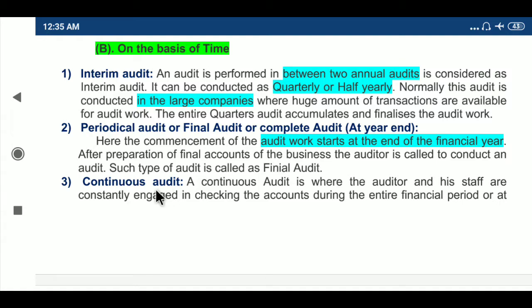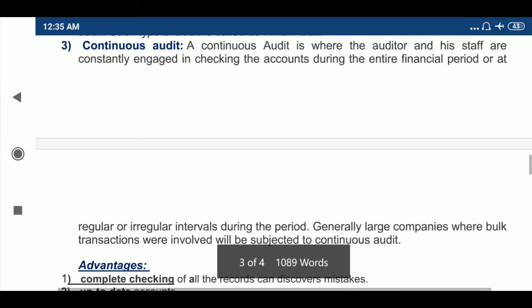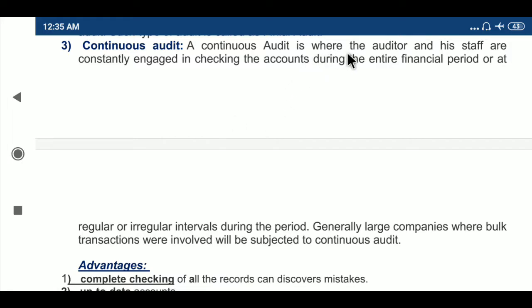Next one, continuous audit. A continuous audit is where the auditor and his staff are constantly engaged in checking the accounts during the entire financial period, or at regular or irregular intervals during the period.